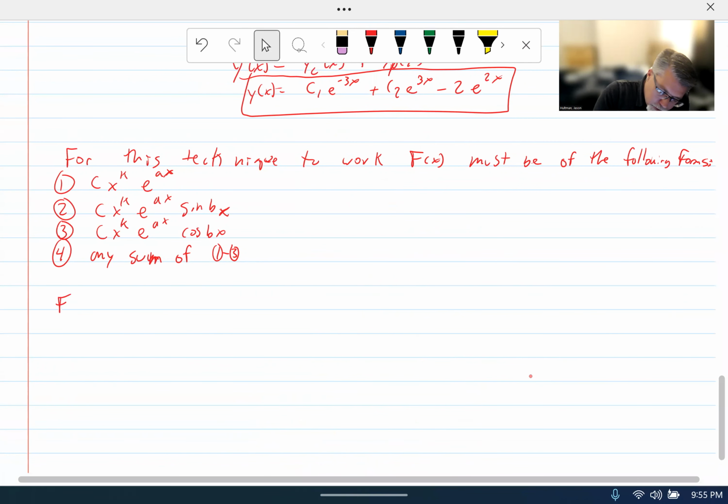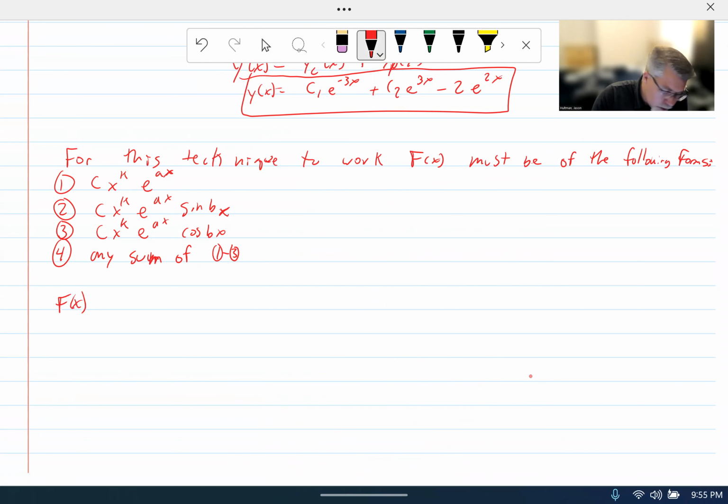If your f of x is a certain thing, then your A of D is going to be of a certain form, and that would mean that the y of p that I want to choose is of a certain form. So let's look at this chart here.